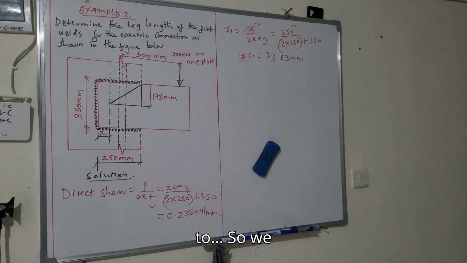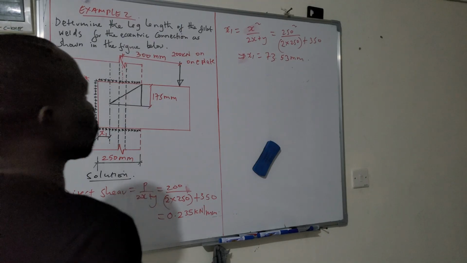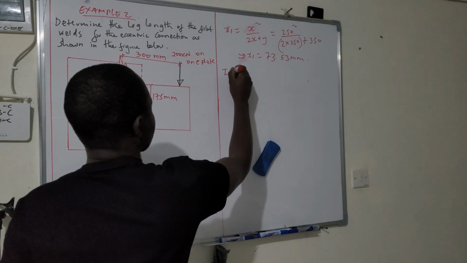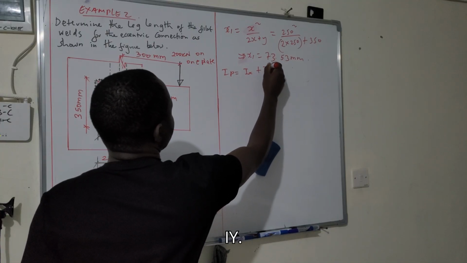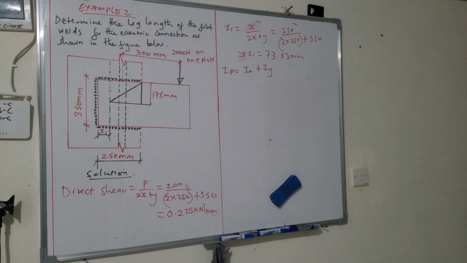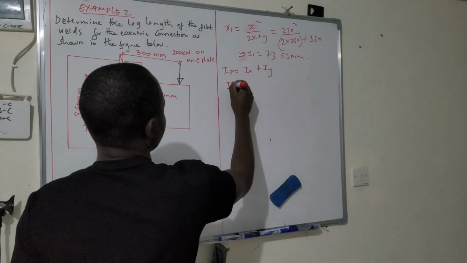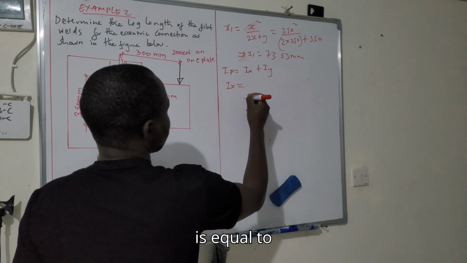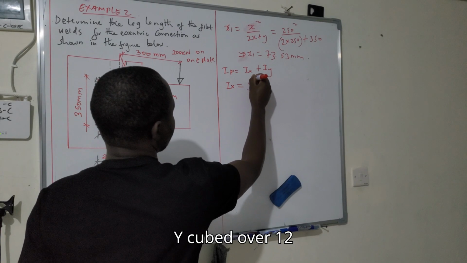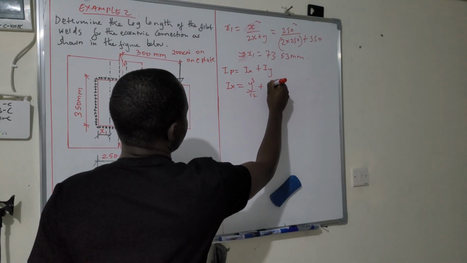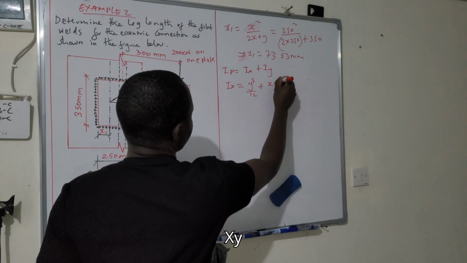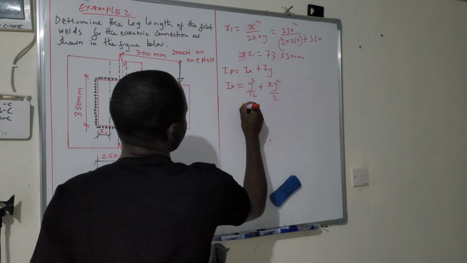We proceed to Ip. Ip is equal to Ix plus Iy. Ix is equal to y cubed over 12 plus x times y squared over 2.